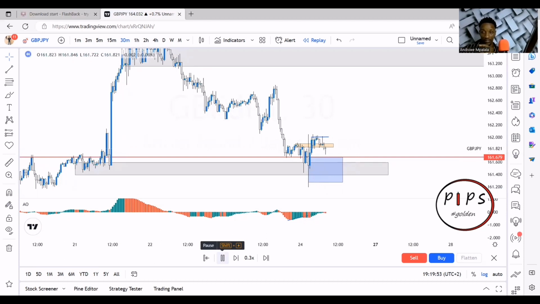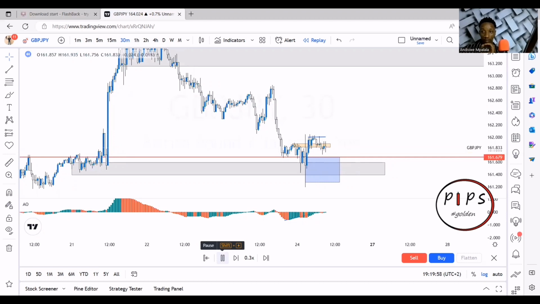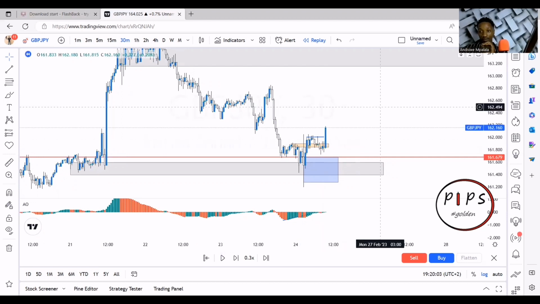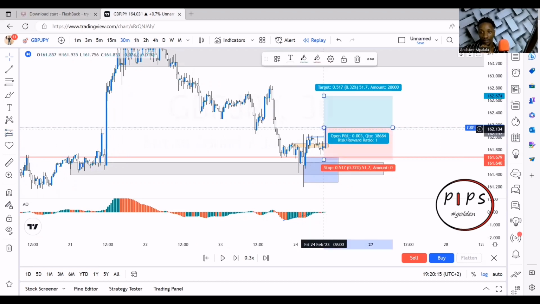Price is still trying to see if this area can be broken, and it's failing. You can see the wick rejections over there, and just like that, we see this candle right here. This candle is what we are waiting for. That is our momentum candle that breaks this high. We don't even hesitate. We take the buy.